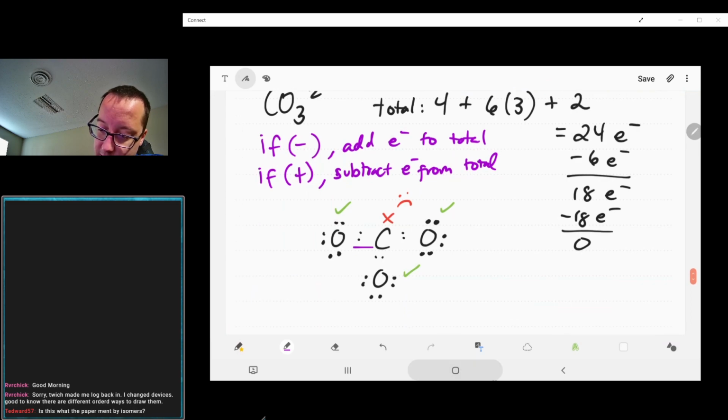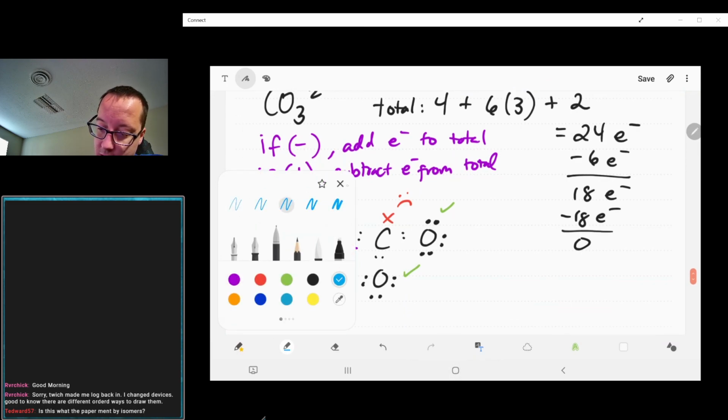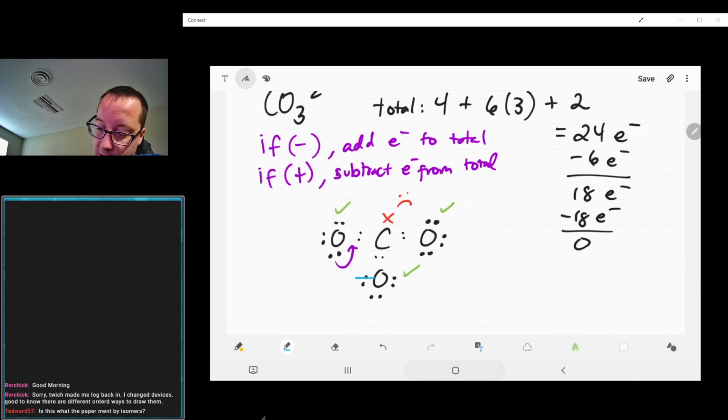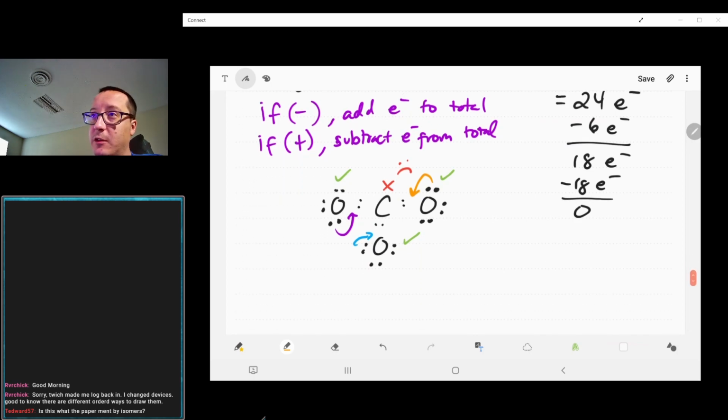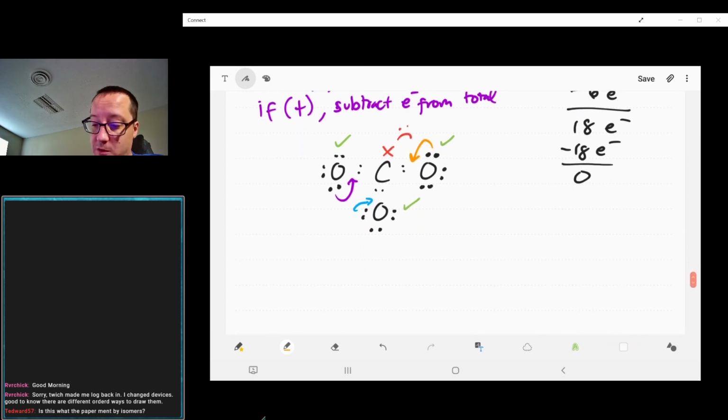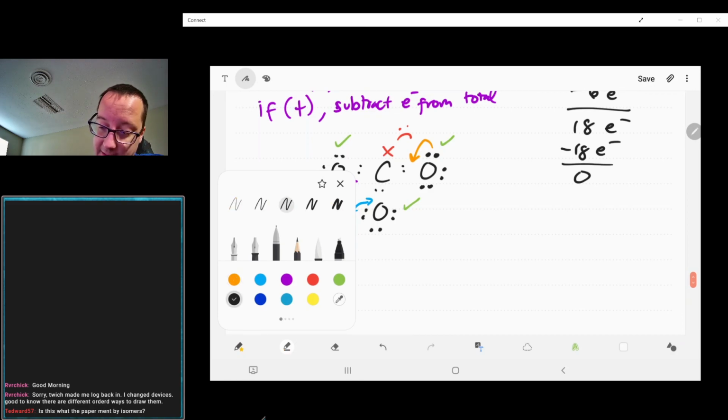We could take a lone pair from that oxygen, or we could take a lone pair from that oxygen, or we could take one from this oxygen. Whichever one we end up choosing, we'll get a slightly different structure.